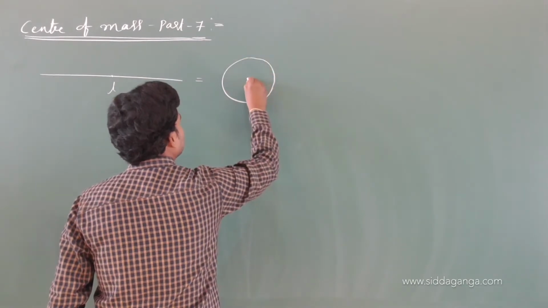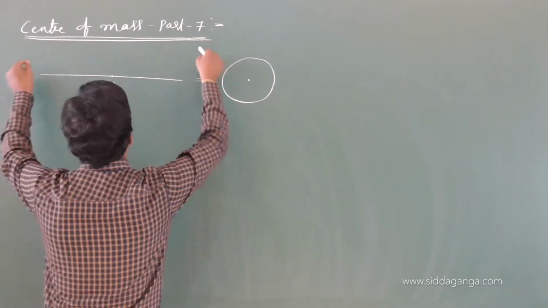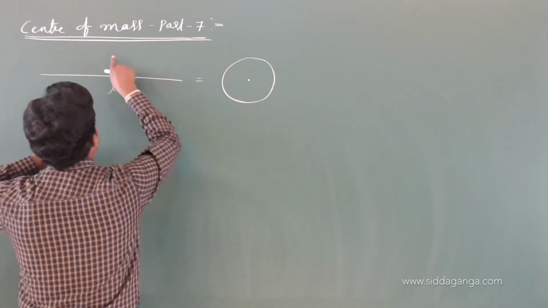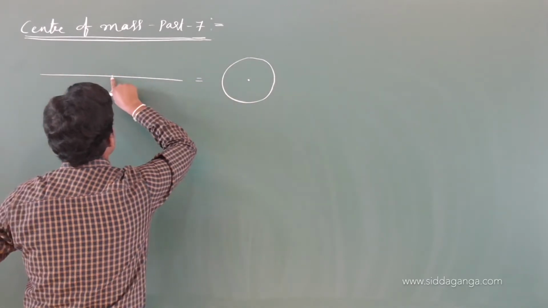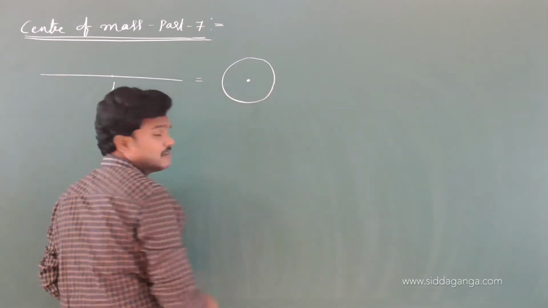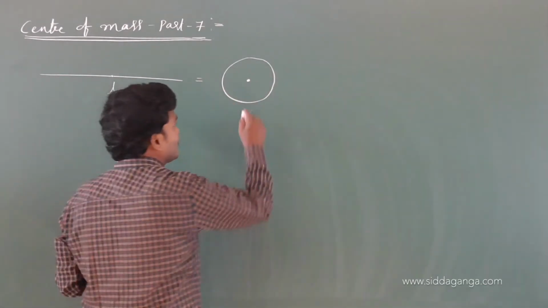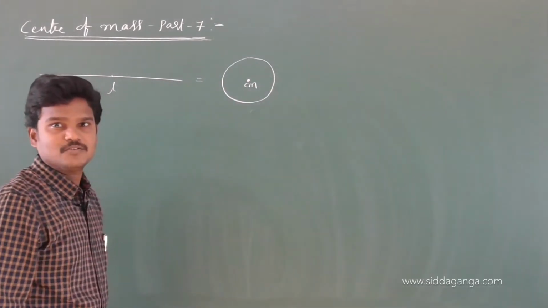If this wire is bent into the form of a circle of radius r, once it is bent into the form of a circle, then the center of mass will shift. Center of mass will come to the center of that circle. See, this is the center of mass of that wire.